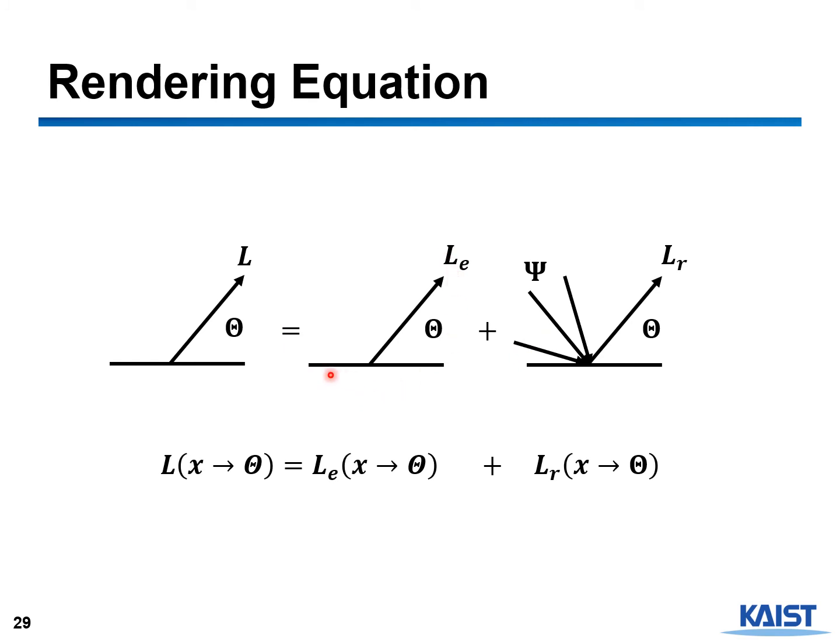This surface may be a light source, in which case we have the emitted light L_e that starts from x in the direction of theta, plus the reflected radiance at the position x in the direction of theta. So again, the radiance value here consists of two factors: the self-emitted term and the reflected term.